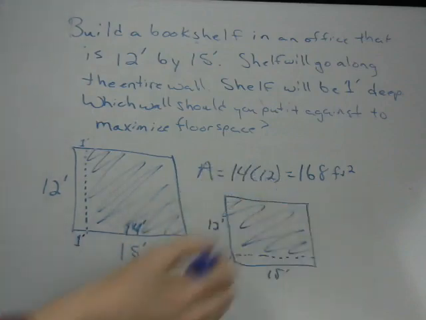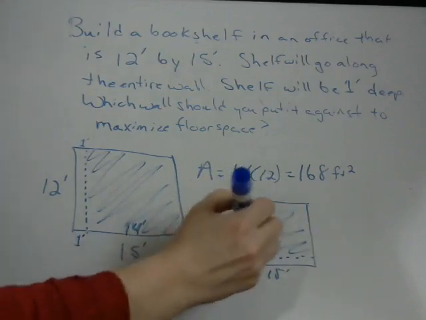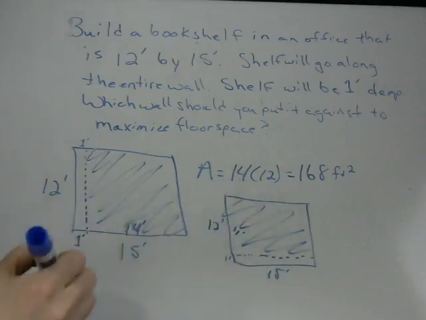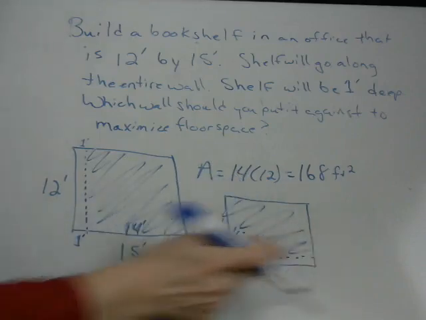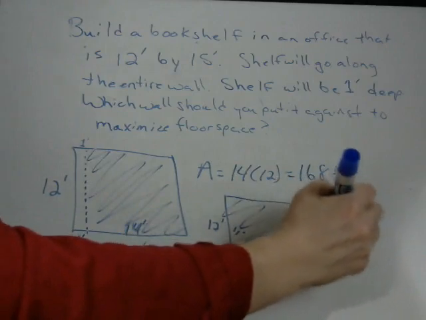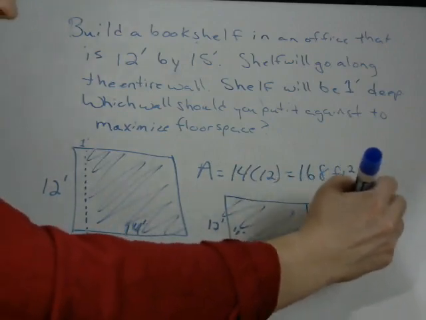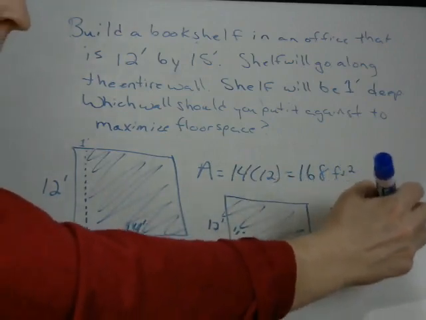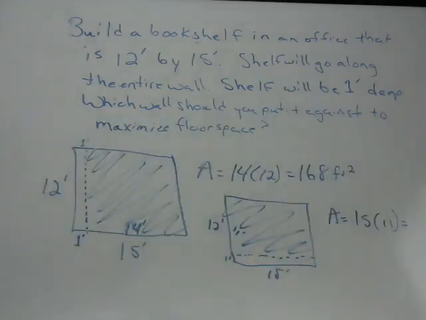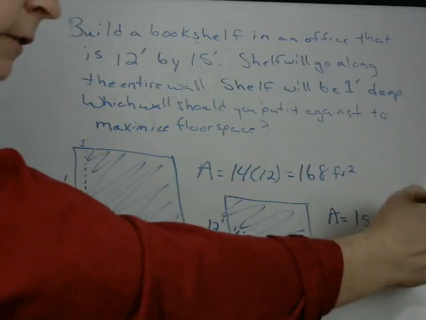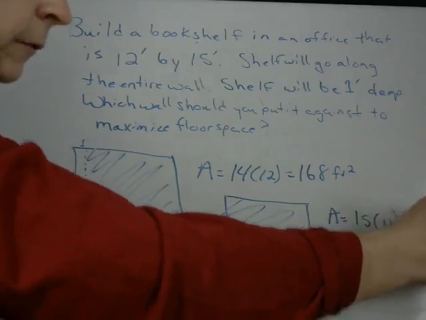How big is this area? Well, we've lost a foot, so now our width is 11 feet. Our length is still 15 feet, so the area is 15 times 11, which gives you 165 square feet.